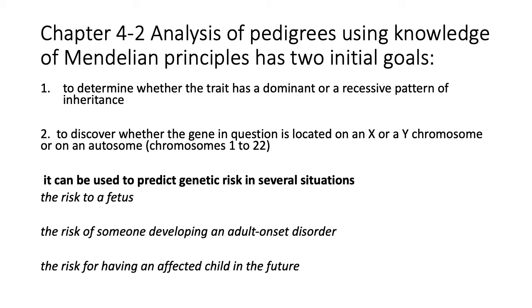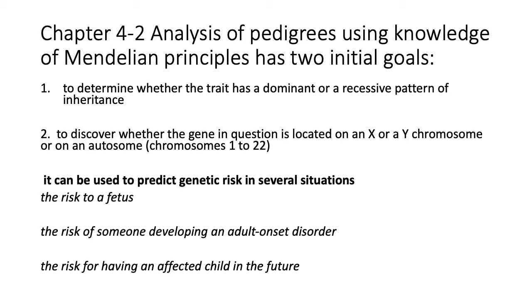All right, so let's go on to the next thing, which are pedigrees. Pedigrees are used to analyze human traits. This is very useful to find out how a genetic disease was inherited. You can go back in time and look at your family line and how certain diseases have been inherited.